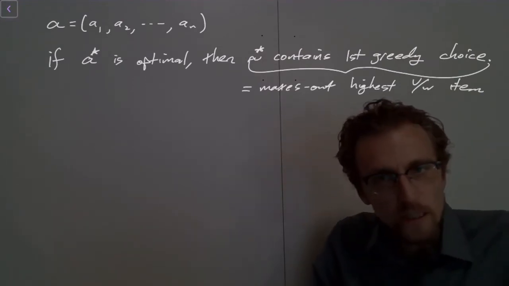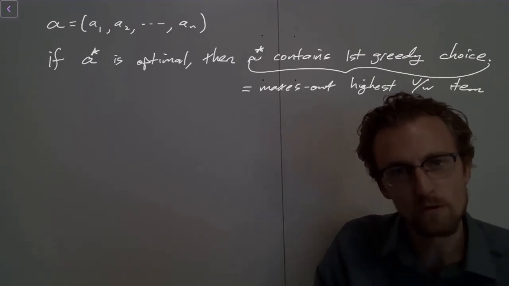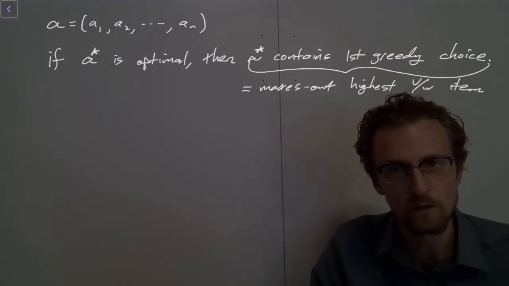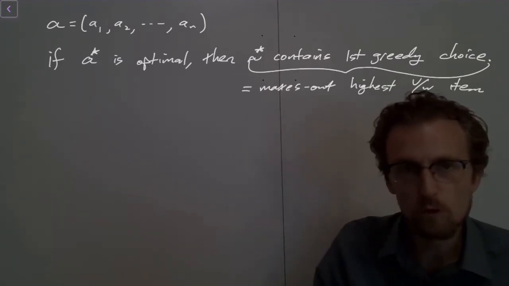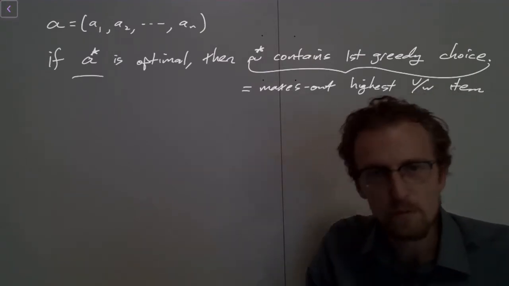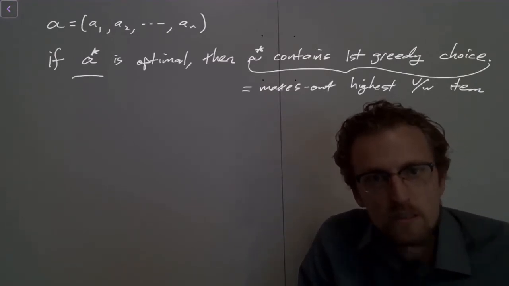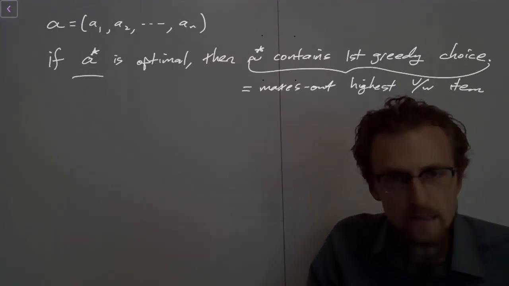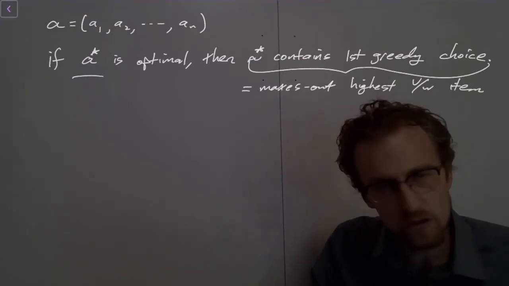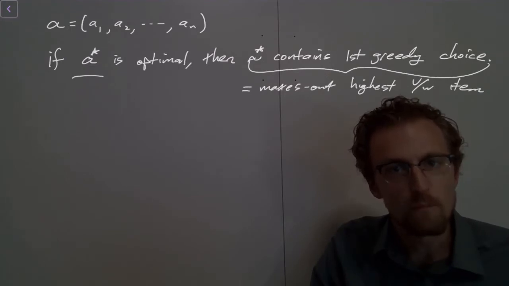Now this statement is a stepping stone to proving the final thing that we want to prove, which is something bigger. Actually, we want to prove that if A star is optimal, then everything in A star was selected by the greedy algorithm. But as it turns out, this is all we need. If we can just do this, then we get the rest of the statement essentially for free.